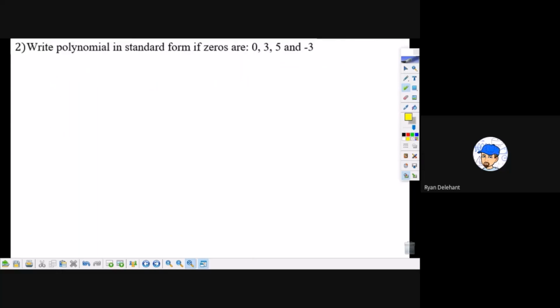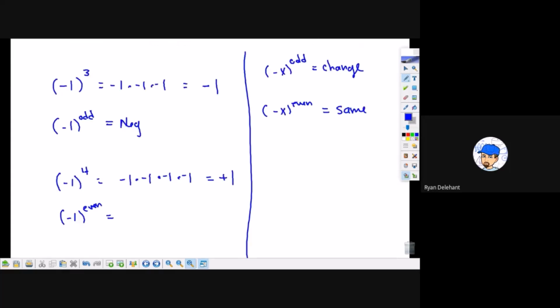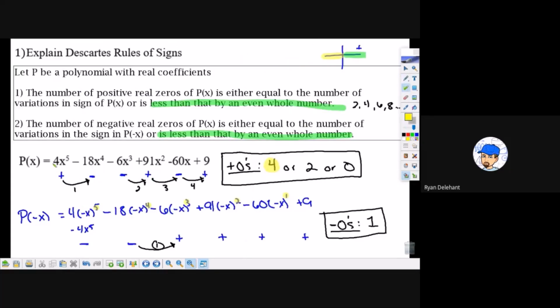Let's move on. Standard form. What is standard form? This is where we have to multiply it out. Standard form is when your polynomial looks like this, all multiplied out, okay?